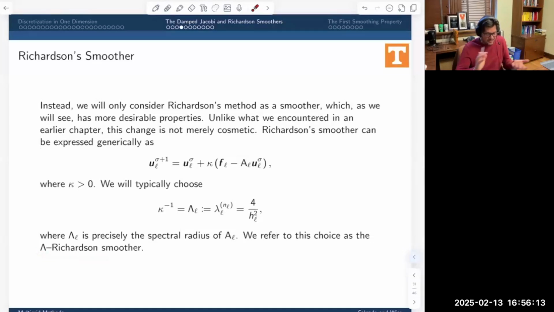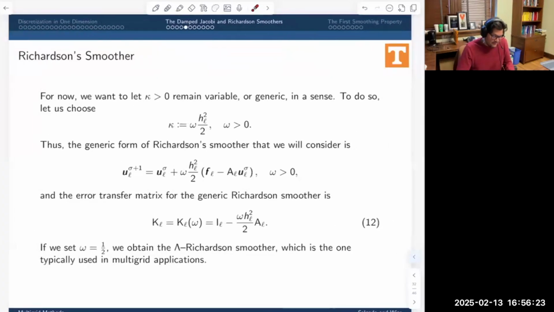But I want to keep things open, and I want to analyze how the smoother works if I change this parameter slightly. But I want to keep the scaling in a similar way to the scaling I've had before. So I'm going to take the Richardson smoother and replace the kappa that was there with another free parameter, omega, where omega is positive, but I'm going to multiply it by HL squared over 2.